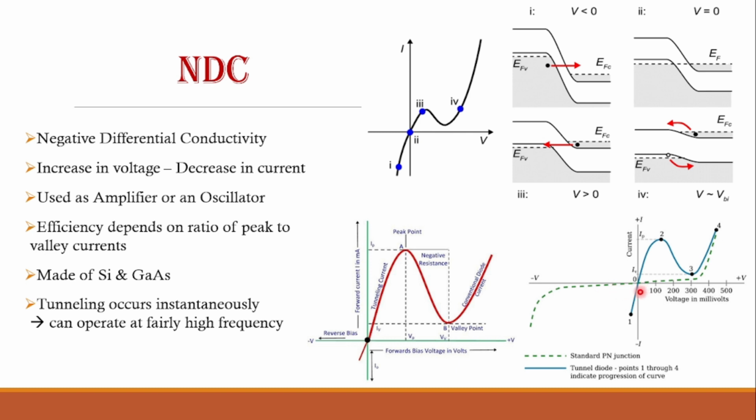And in case of the tunnel diode, initially at lower reverse voltages only we can observe a high value of current, and in forward bias condition we have the NDC region, and the graph from 3 to 4 is almost similar to the conventional current. The main region is this 2 to 3, that is the speciality of the tunnel diode.